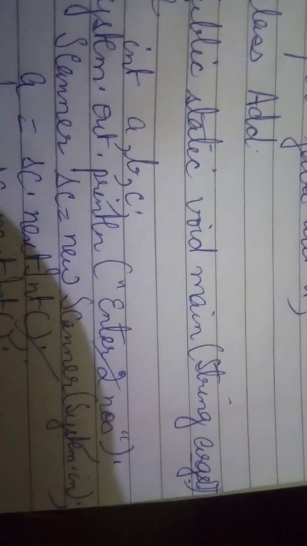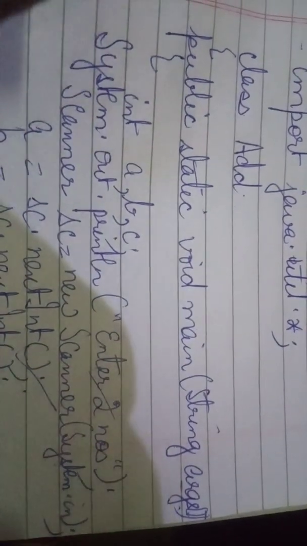Scanner sc = new Scanner(System.in) that I have written. System.in is a keyboard, and Scanner is your class provided by java.util. What is this sc? sc is actually the object, and you can give it any name. It is also an identifier.